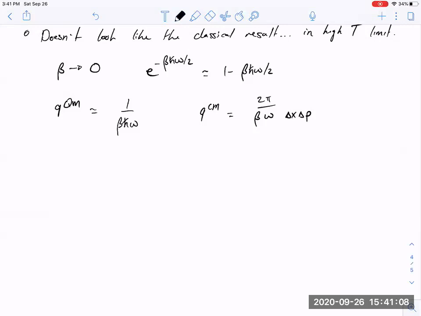Now look at that. Again, if we take this artificial resolution, delta x, delta p, to be equal to h, both estimates will agree. h over 2 pi is h bar.